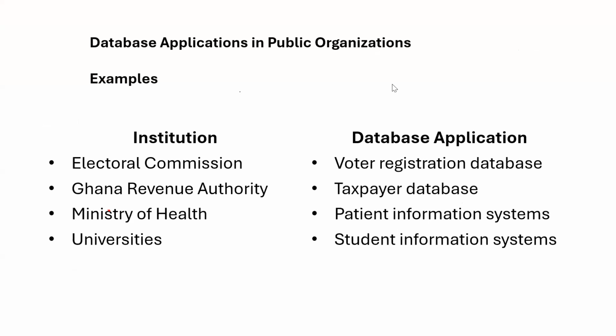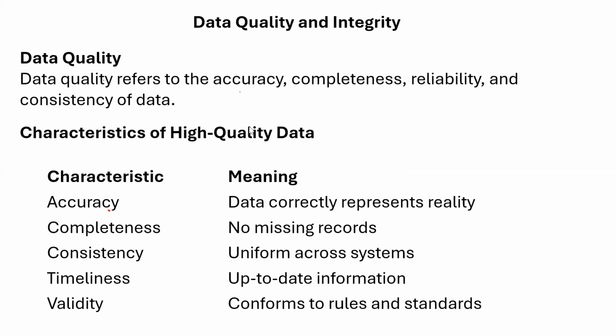In Ghana, we have the Electoral Commission having a database. We have Ghana Revenue Authority having a database, Ministry of Health, universities having their own databases: voter registration, taxpayers, patient information system, student information system. There are several databases being used, but the quality of the data, the integrity of the data, is what determines whether we are able to rely on the database or the system that has been developed.